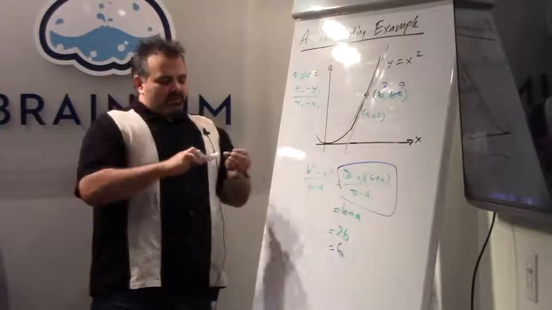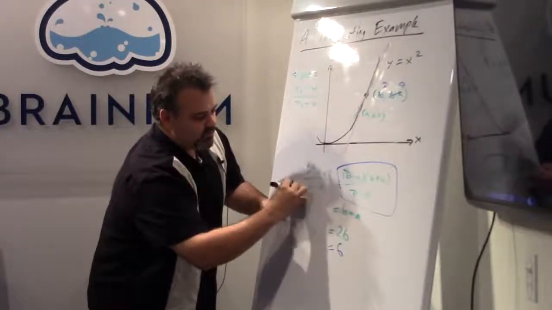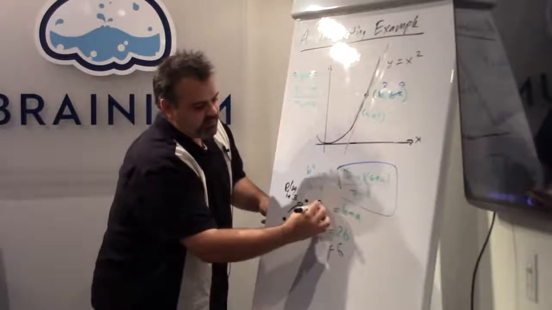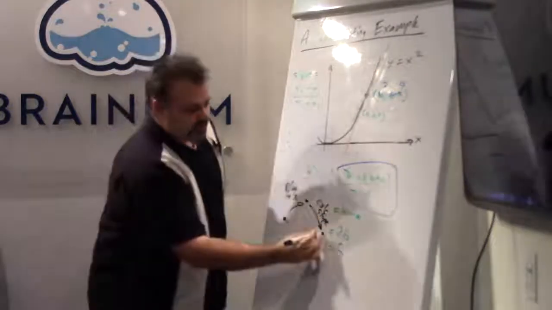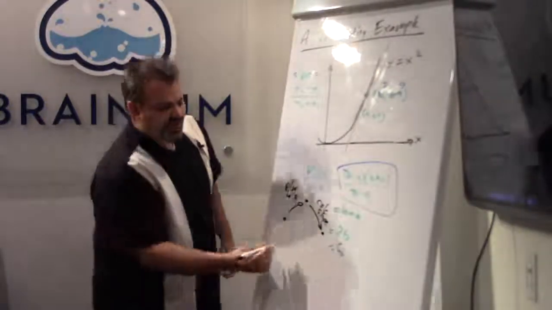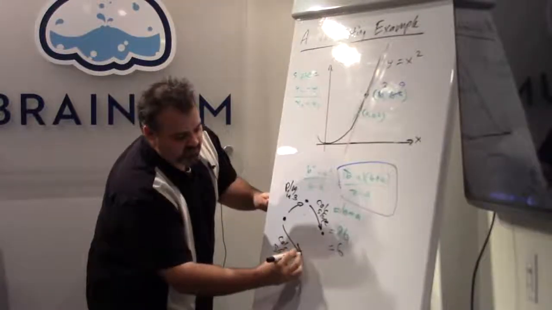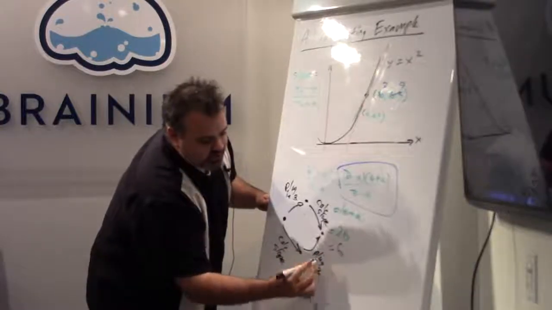The idea that the first thing we're going to do is plug in 3, and then we're going to calculate slope, and we're going to get an answer. Well, what if we reverse that a little bit? What if we calculate the slope first, and then plug in 3?